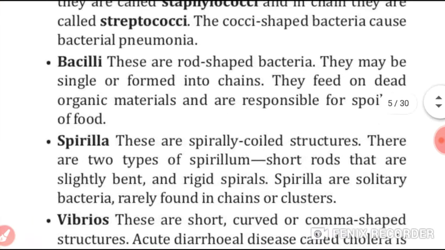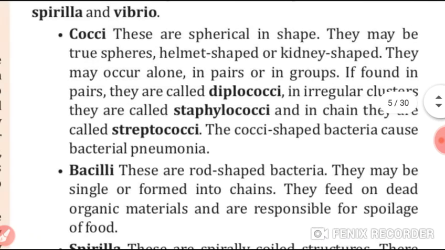Now first of all, cocci are spherical in shape, students, and they may be true spheres, helmet shaped or kidney shaped. If they are found in pairs, they are called diplococci. In irregular clusters they are called staphylococci, and if they are found in chains they are called streptococci.